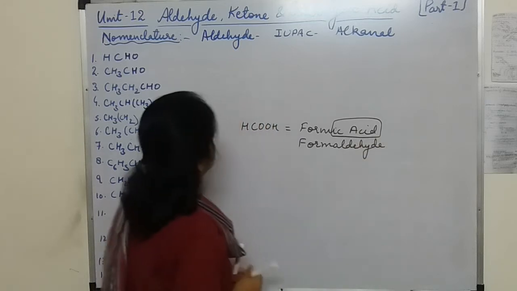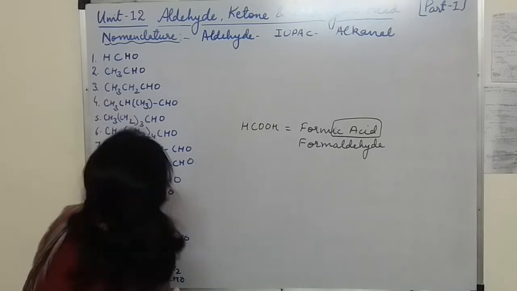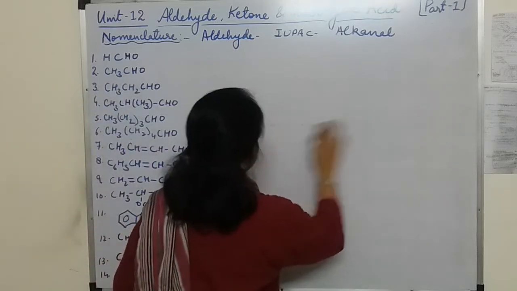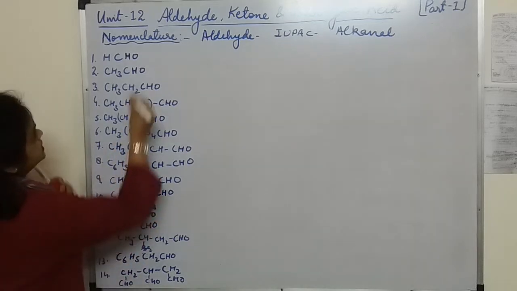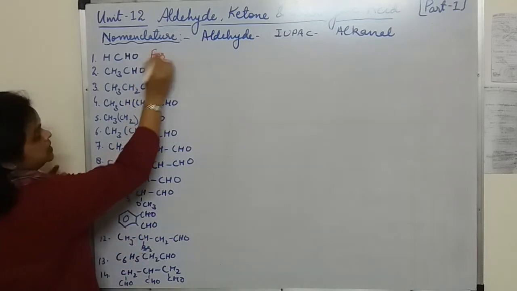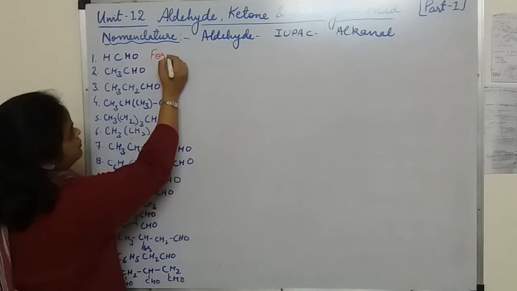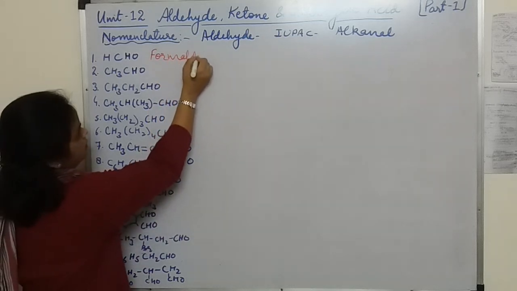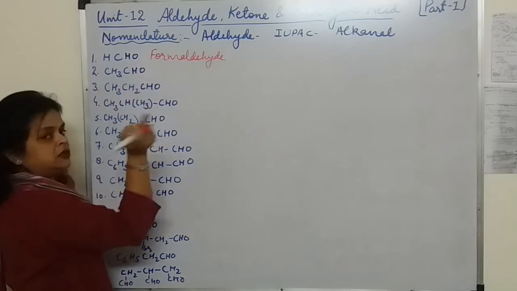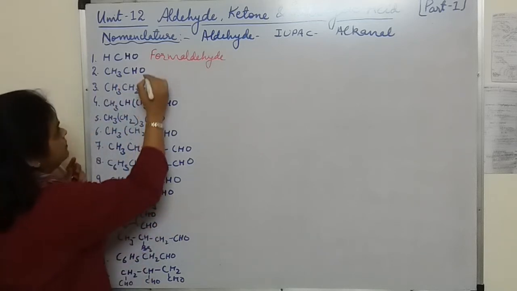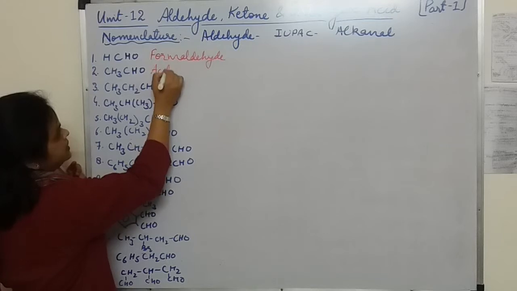Okay, so here we can write down the names for the different aldehyde compounds. Here HCHO is formaldehyde. Students, take care whenever you are writing the spelling. Formaldehyde. Similarly, its acid was acetic acid, so it will be acetaldehyde.